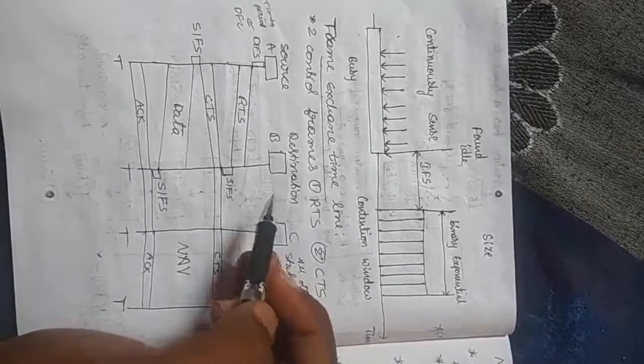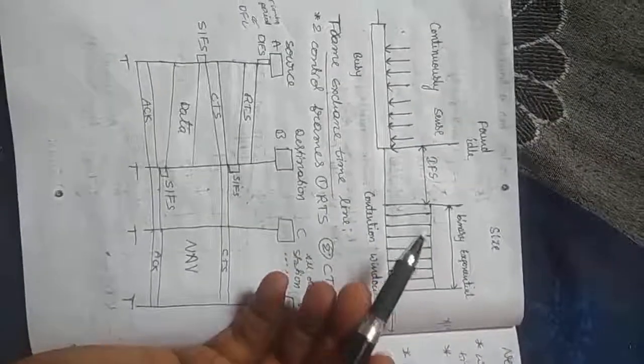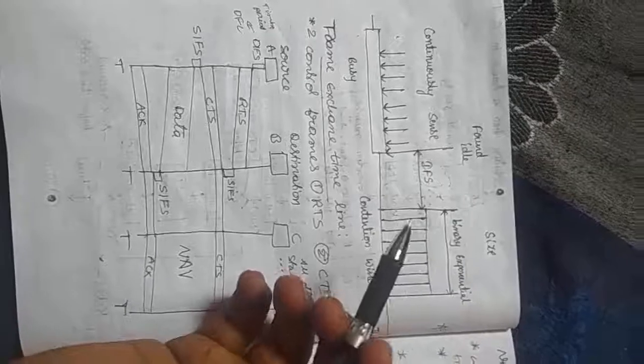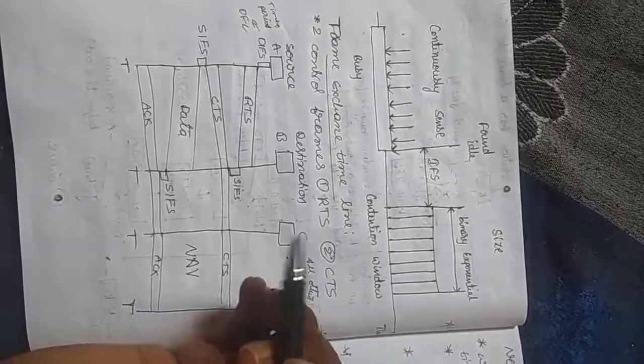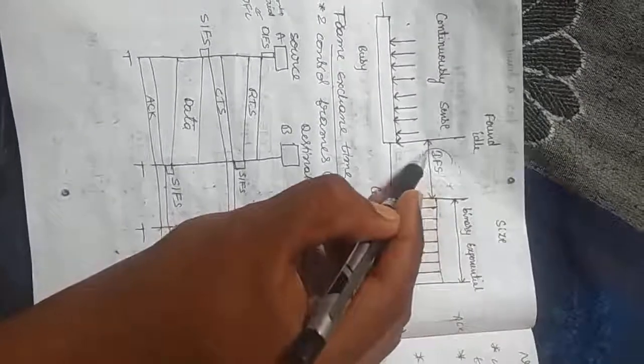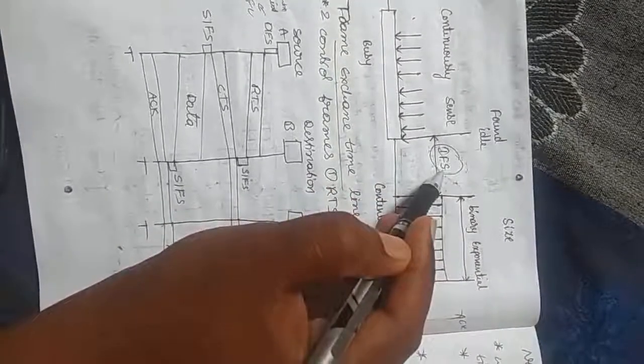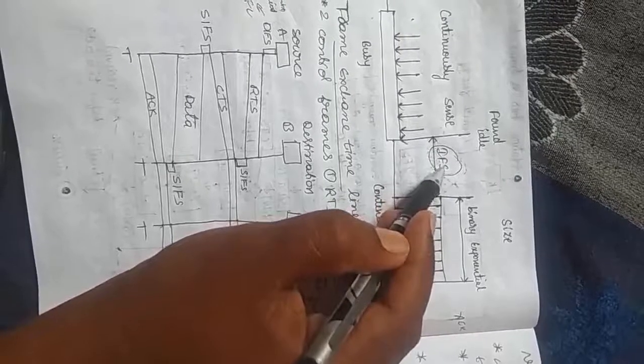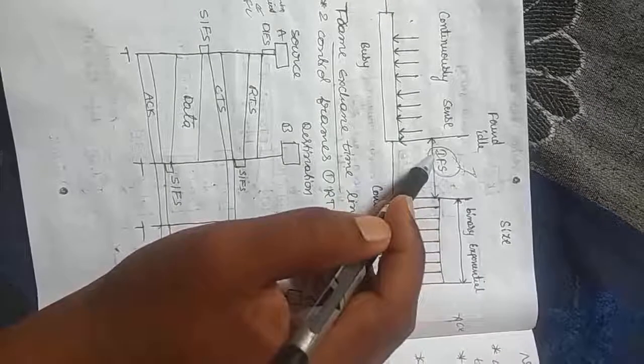Suppose it is idle, it is not going to send the frame immediately; it waits for some period of time. This period is called IFS, interframe space.